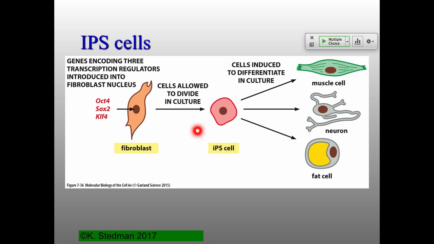The induction is because of these 3 genes being expressed here. With this induced pluripotent stem cell, if you give it the right signals, usually where it is in a cell, other external factors, etc., these can develop into pretty much any different cell type, and in a few cases, a whole organism can be derived now from this fibroblast.